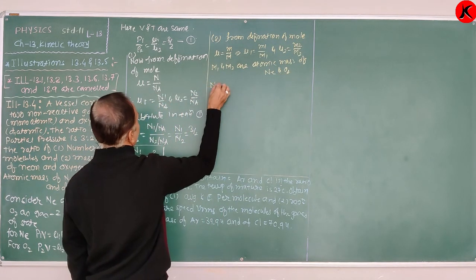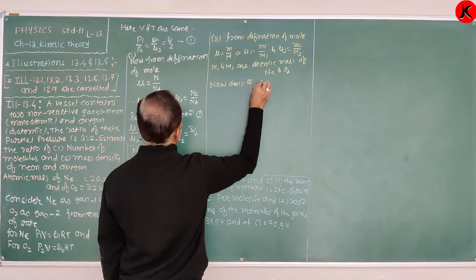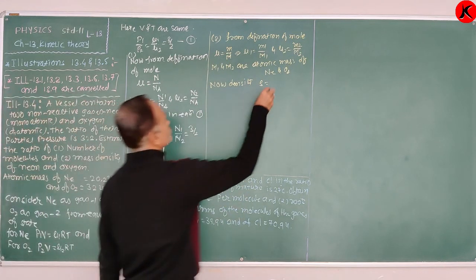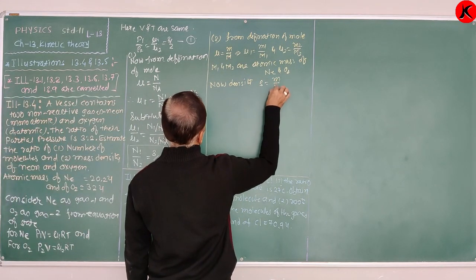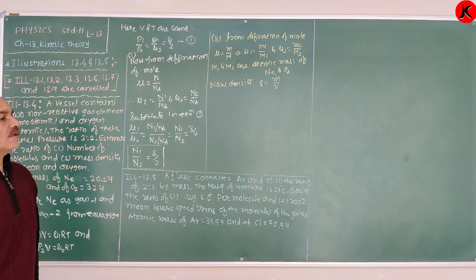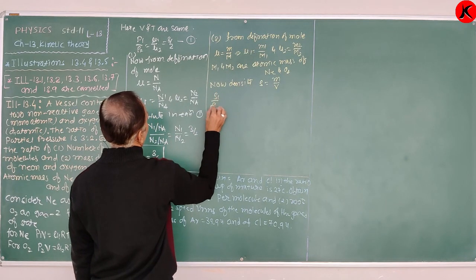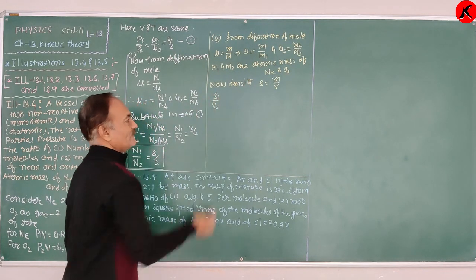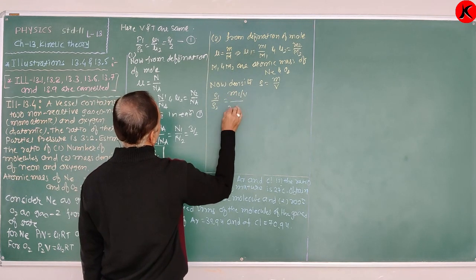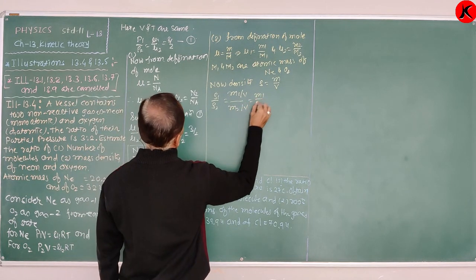Now density rho is equal to mass upon volume. Therefore, rho1 upon rho2, here the volumes are the same, so m1 upon V divided by m2 upon V. We cancel V, leaving m1 upon m2.